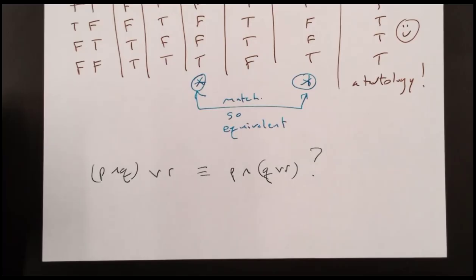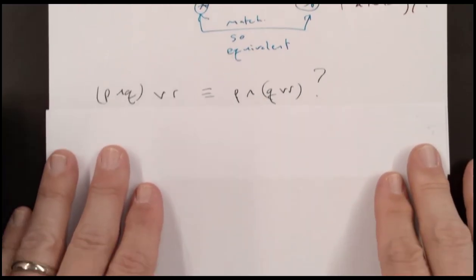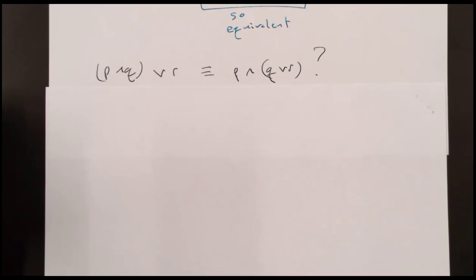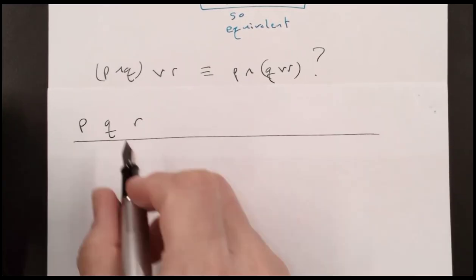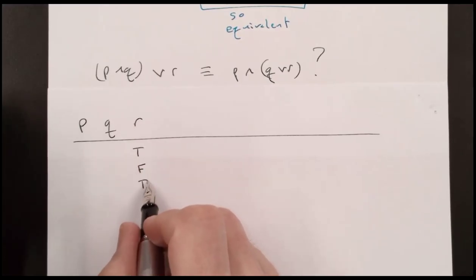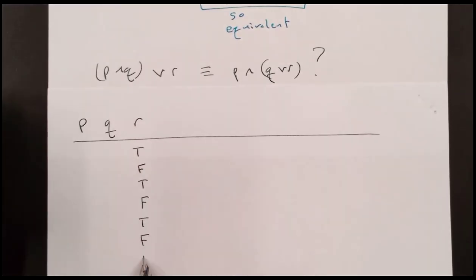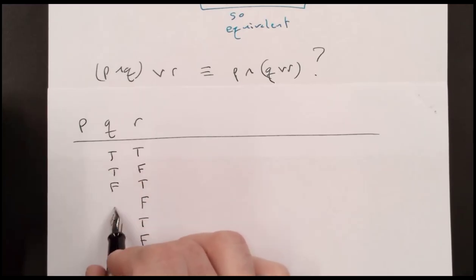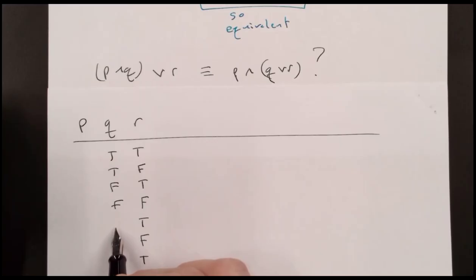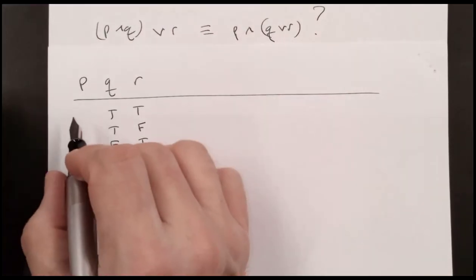Now, here's another reason to look at the tautology. I was very pedantic, and I make my truth tables the same way every time. I make them P, Q, R, with the right one flipping back and forth each time, then the next one flipping back and forth twice as often, and the next one to the left flipping twice as often again.